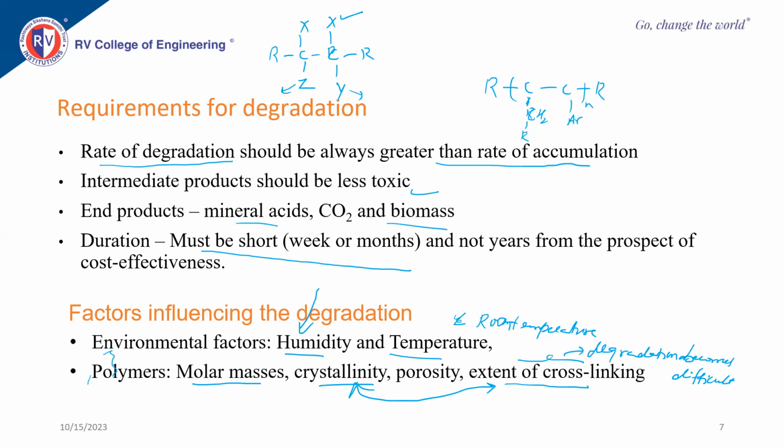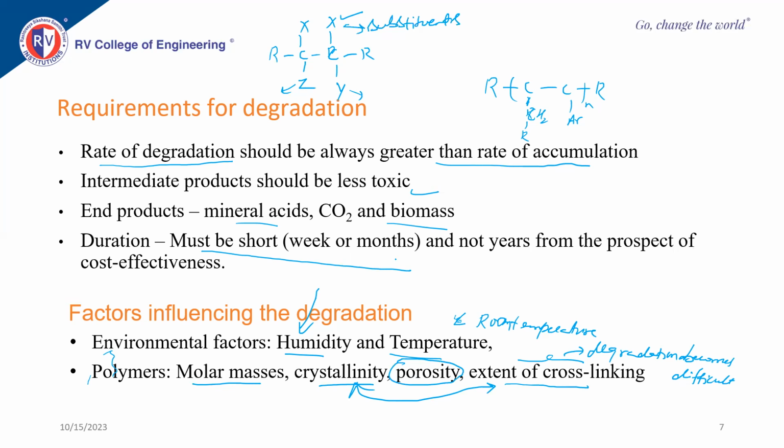As I said, for each bond you have to add different enzymes. One enzyme may degrade carbon-carbon bonds very fast, but another enzyme may take less time to degrade carbon-Z bonds. Likewise, XYZ refers to substituents; take any substituents of your choice. Porosity, last: we do not have any conclusive study to state that more porosity means more degradation.